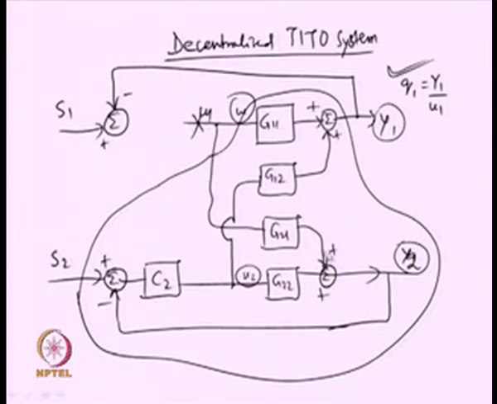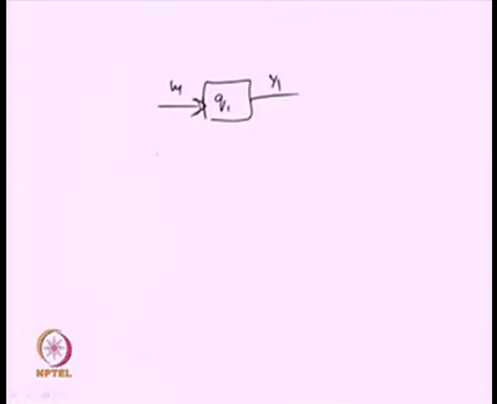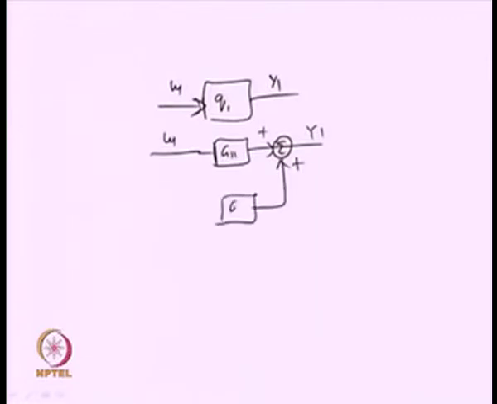So, U1 is passing on to this one, and then we are getting the lower part. What I will have here basically is signal U1, then the block G11, and the output Y1, but the output is made up of two outputs, one given by the interaction. So, G21 will come into the picture and this is getting connected over here.